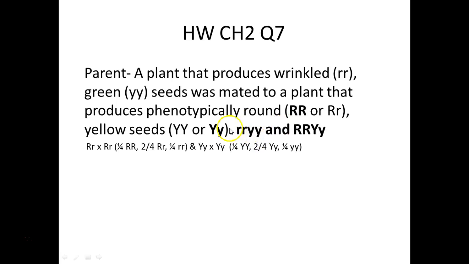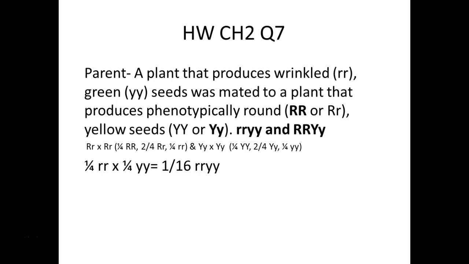So now let's figure out what percentage is going to be this, based on these genotypic ratios. So what percentage of them are going to be RR? 1/4, right? And then what percentage is going to be YY? 1/4 as well, right? So a quarter times a quarter is 1/16.